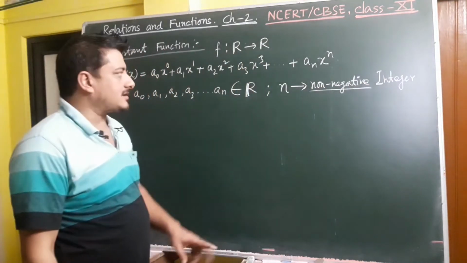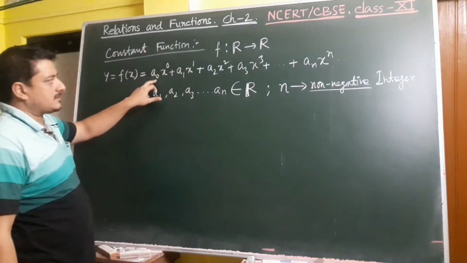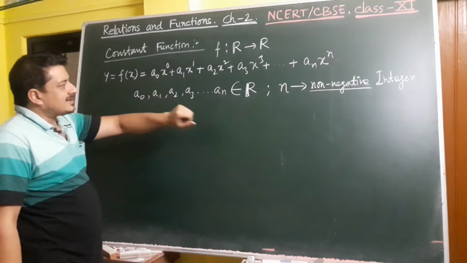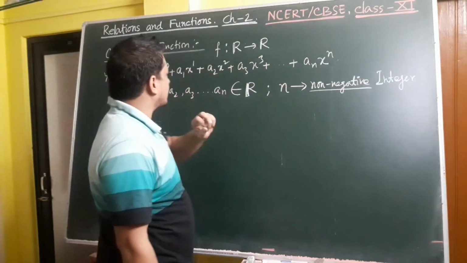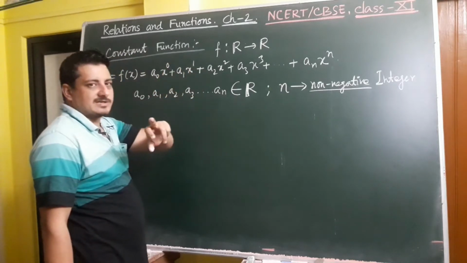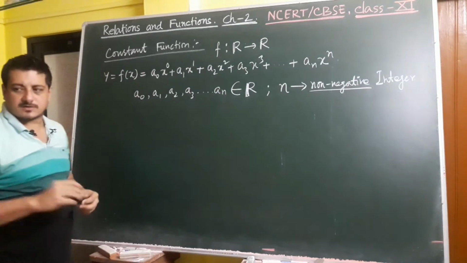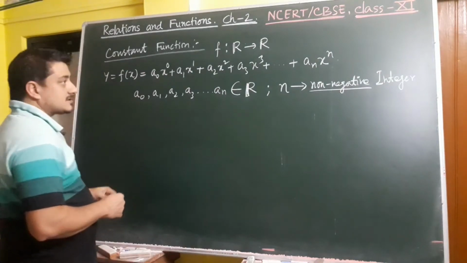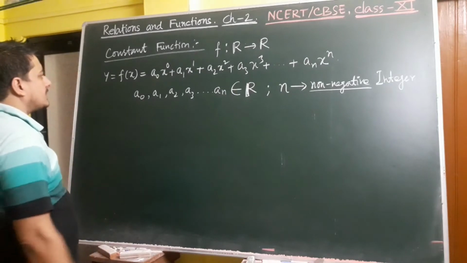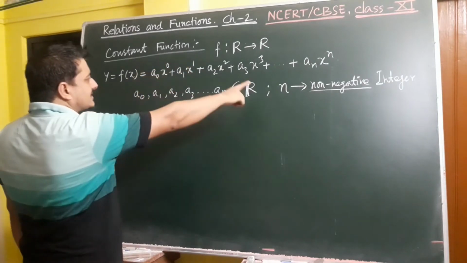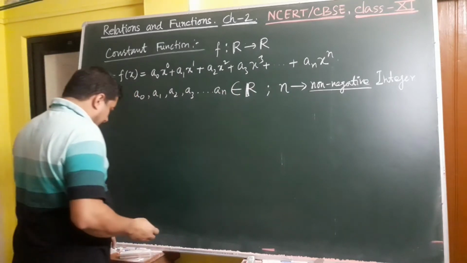No, I cannot. Because 0 is also there, I am writing non-negative integers: 0 and all the positive integers. That is why your NCERT book is so good, very precise. So if you write this equation in this form, then this equation is called a polynomial function.